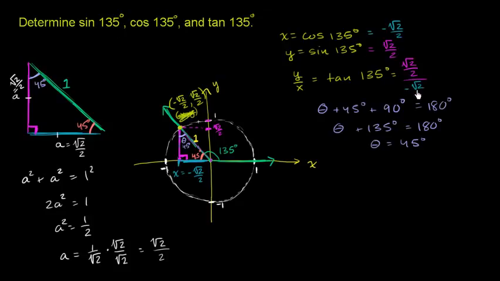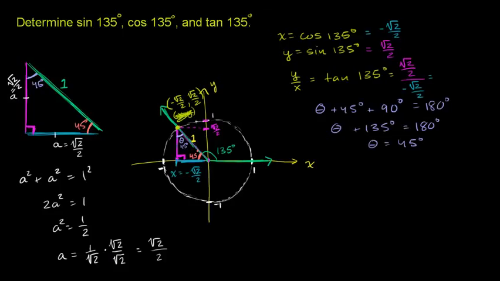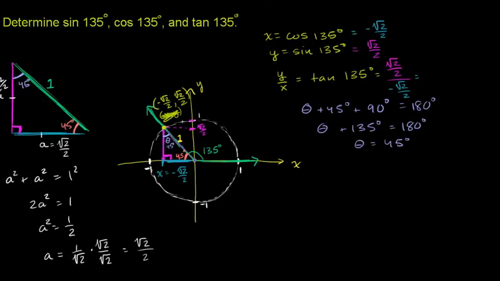We're at the home stretch now. It's going to be equal to square root of 2 over 2 times the reciprocal of what's in the denominator, so times negative 2 over the square root of 2. Well, that cancels with that, and then you're just left with negative 1. So this all simplifies to negative 1. So the tangent of 135 degrees is negative 1.